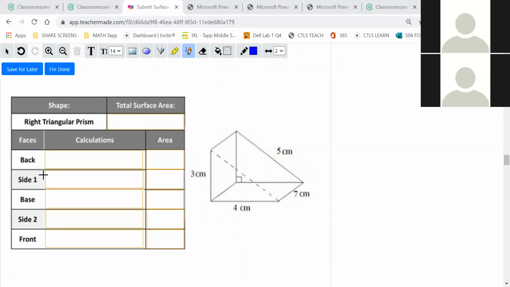You don't always have to start at the back. You can start and fill in any one of these, and that works. So let's look at the back of this. I'm going to highlight it. The back of this shape is here, a little back panel.